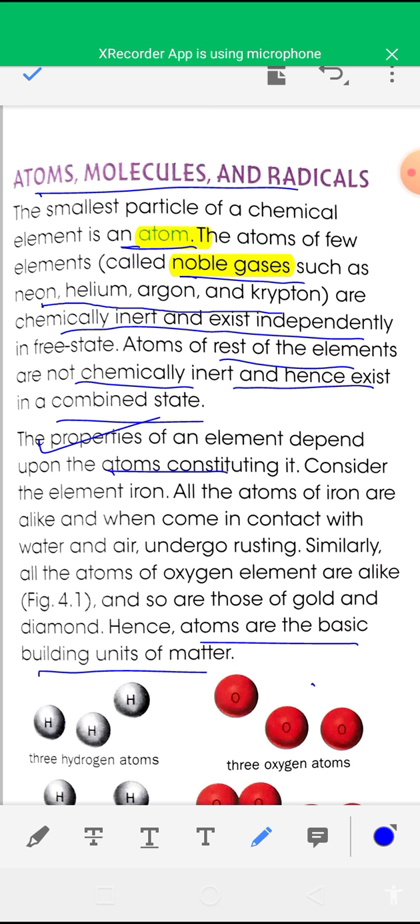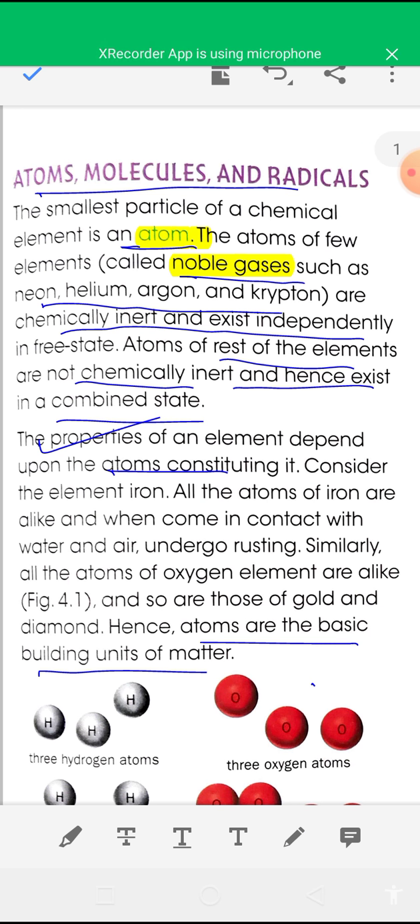They exist in combined state, and the properties of an element depend upon the atoms constituting it. The properties of an element depend upon the nature of atoms present in that element. Atoms are the basic building units of matter.